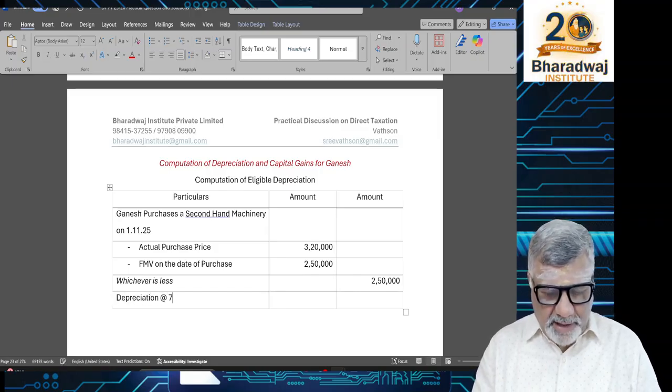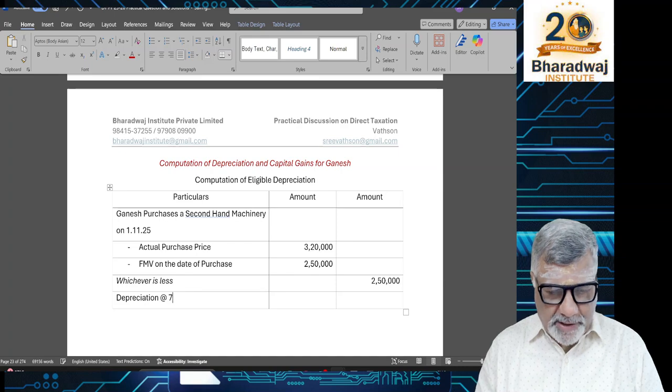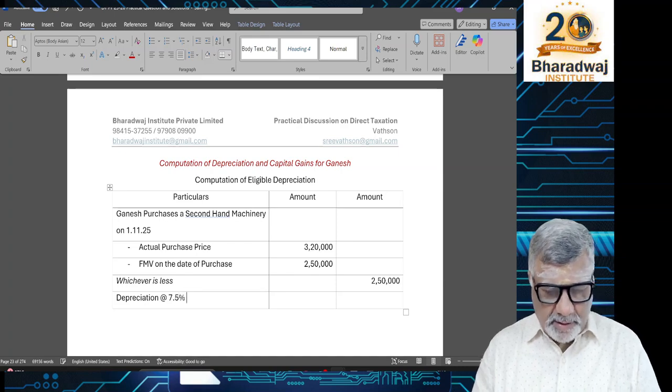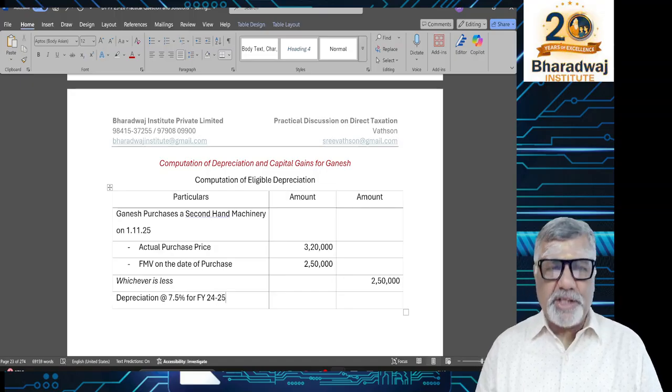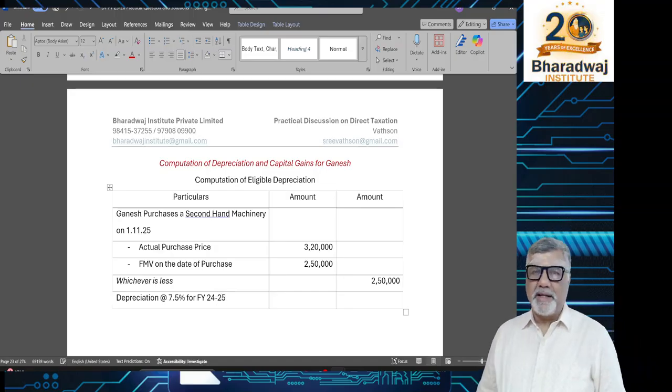Depreciation at the rate of 7.5% for FY 24-25, because it is put to use for less than 180 days. I purchased it on 1/11 only.